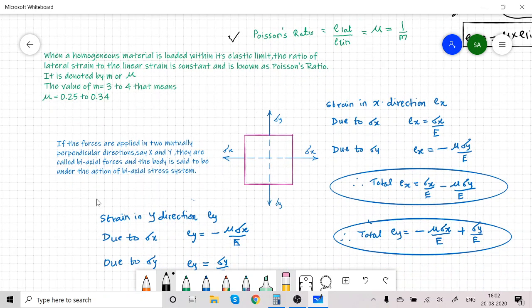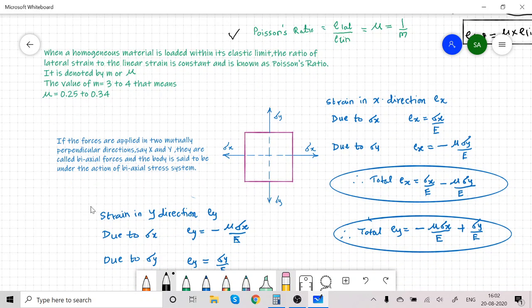Now, let us consider a stress system, biaxial stress system. Biaxial, bi means two. Here, the body is subjected to stresses in two mutually perpendicular directions, say x direction and y direction.